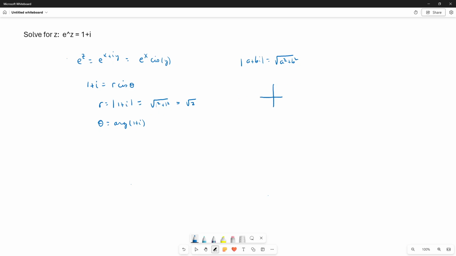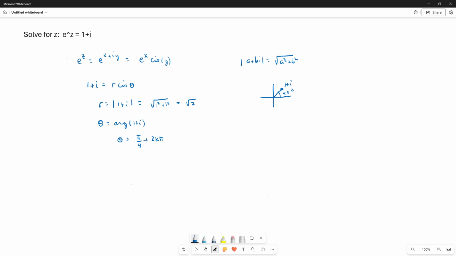And the argument for that, we need to recognize the location of the number 1 plus i in the first quadrant. We need this angle, which is 45 degrees here, since the y and the x are equal, 1 and 1. So 45 degrees is an argument, which means that theta can be written in radian form as pi over 4 plus 2k pi.